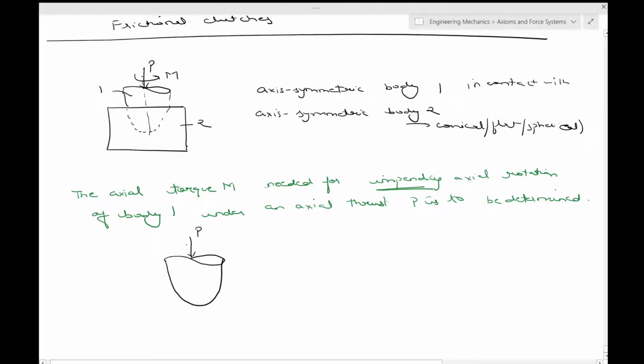We have P, we have M, this is the axial. Say at a distance r, r is the radius over here, so clearly this will be r plus dr. This distance is ds.